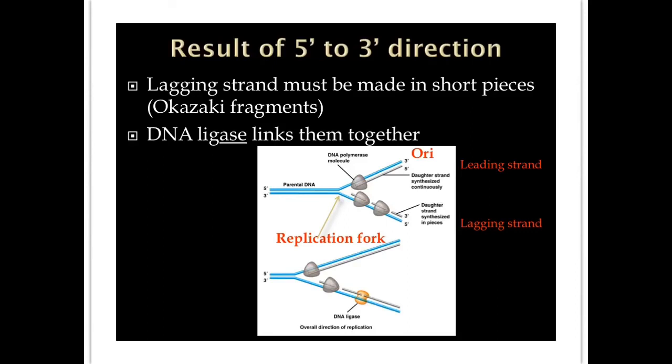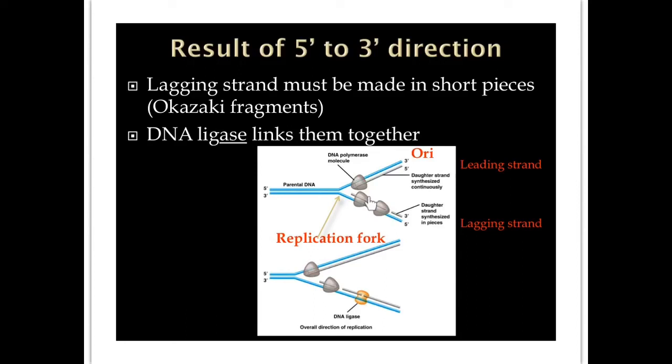But I have a problem with the lagging strand. I can't build this way as my DNA is opening up. I can only build 5' to 3'. So as the replication fork opens, DNA polymerase will attach, and then it'll synthesize to the end. Then it's going to have to let go.